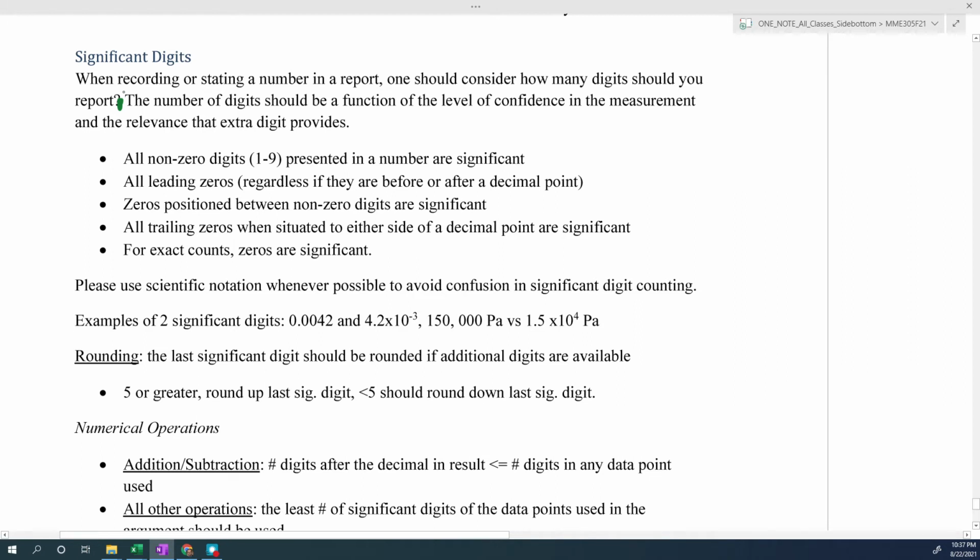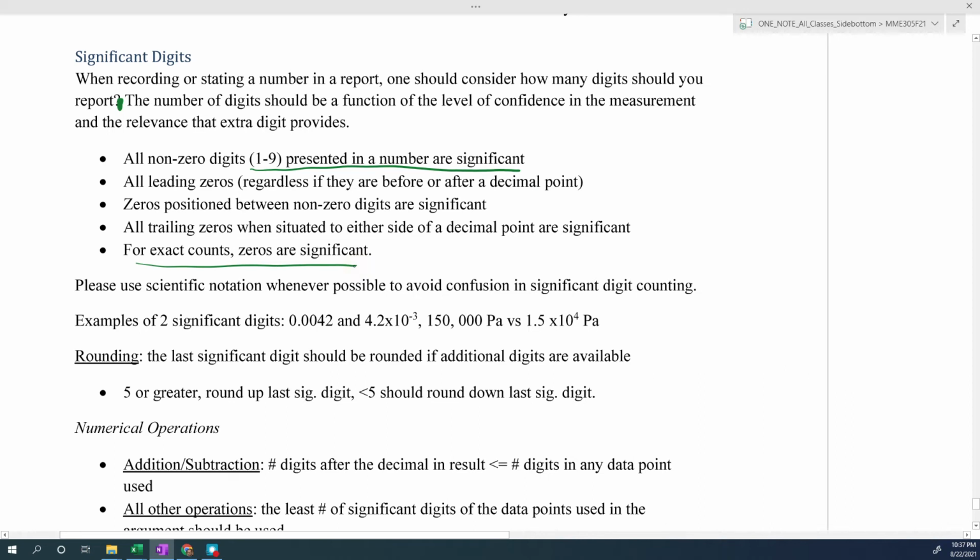For example, all non-zero digits in a number presented in a paper are significant. All leading zeros are significant. Zeros positioned between non-zero digits are significant. All trailing zeros situated to the right side of a decimal point are significant. And for exact counts, zeros are significant.